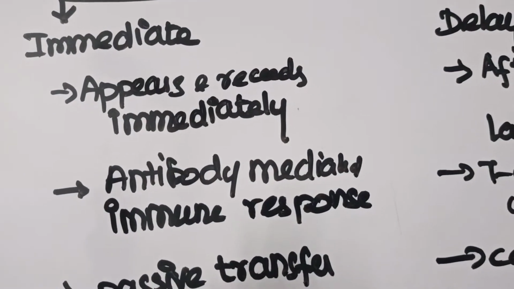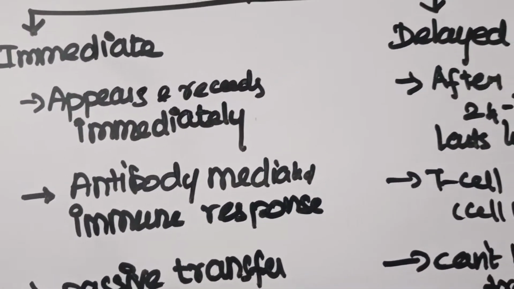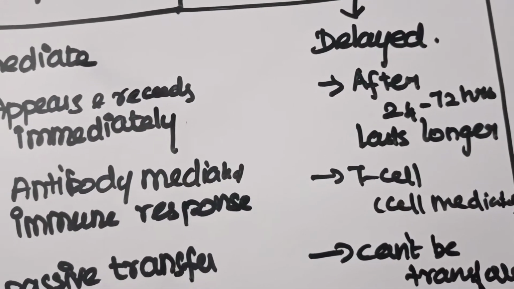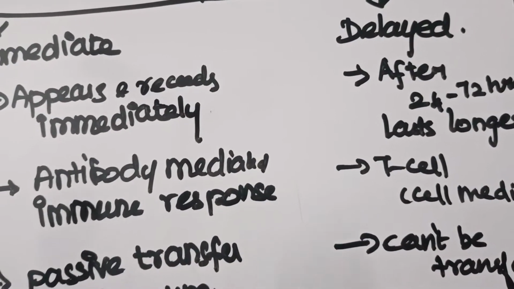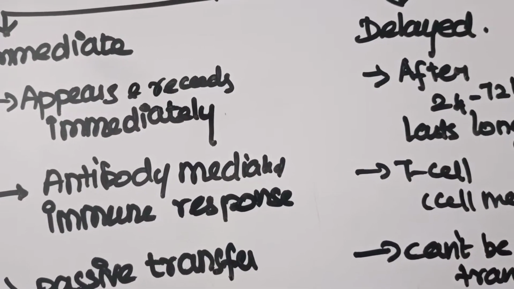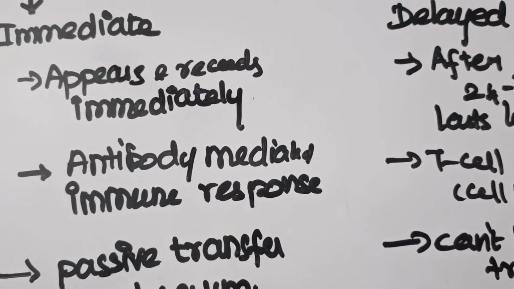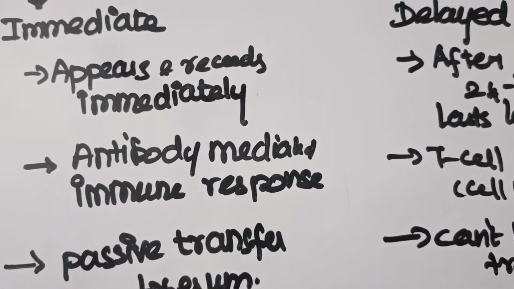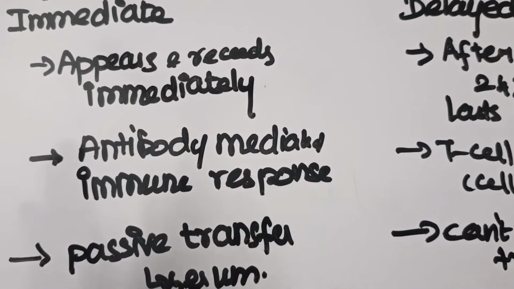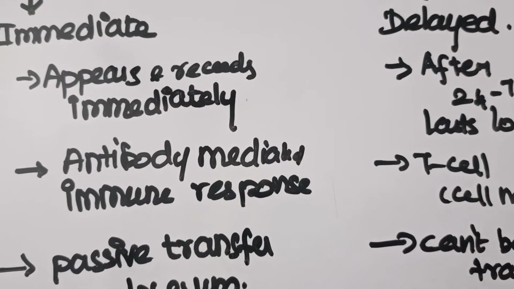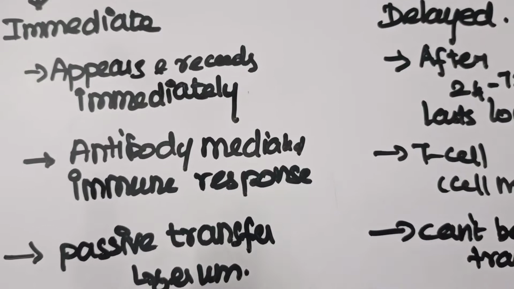In the immediate type, it occurs immediately and it recedes immediately. Whereas the delayed type only occurs after some 24 to 72 hours after the person is sensitized by the antigen, and it lasts longer. Immediate response is basically an antibody mediated immune response, humoral immune response, whereas the delayed type is cell mediated immune response, that is, it is based on T lymphocytes.